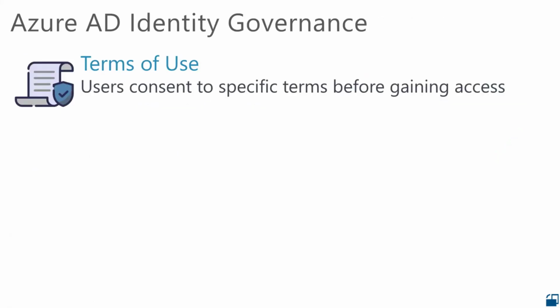Now, there's also identity governance inside of Azure AD that gives you some interesting things. One of them that you might find useful is called terms of use. This could be helpful if, for instance, before you get your Power BI license, you want users to agree to a data privacy or data handling policy. You could have them acknowledge or consent through this terms of use that's set up through Azure AD.